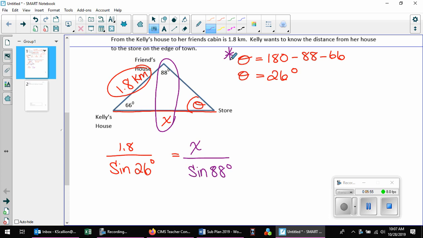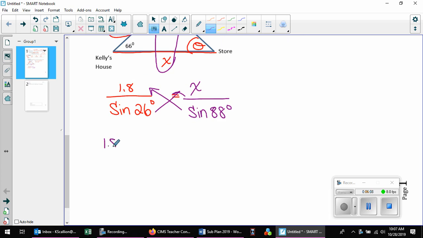Resist the urge to put this into a decimal right away. Rearrange your entire equation. So we're going to cross multiply. You guys with me so far? So I'm going to have 1.8 times sine of 88 equals x times sine of 26. I want x by itself.